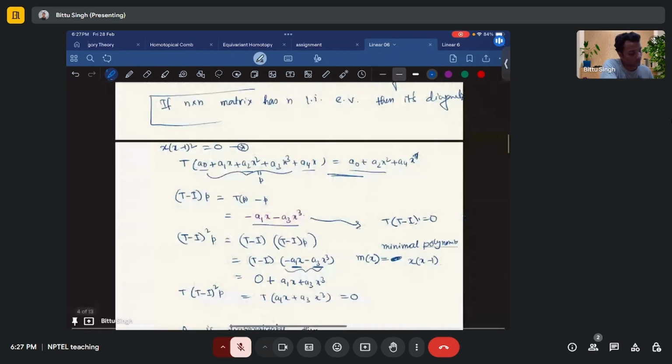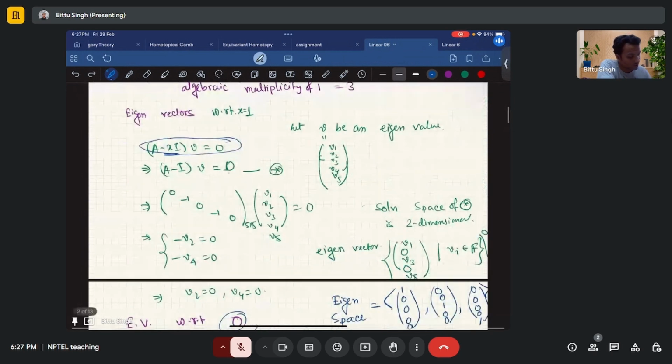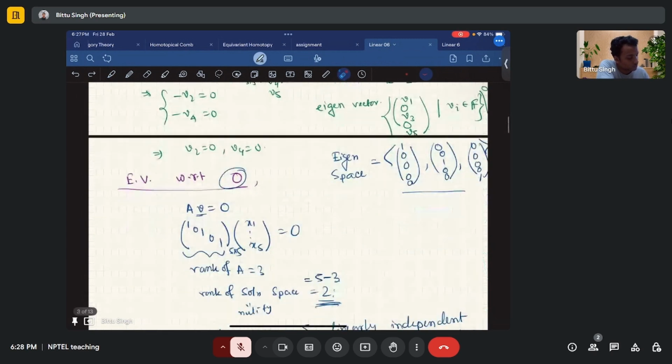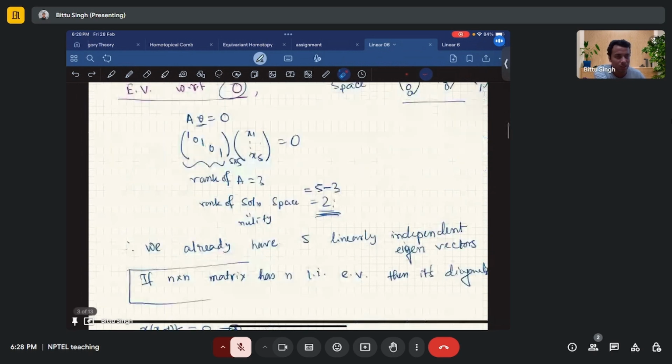So here we have already seen that it is actually diagonalizable, and the only distinct eigenvalues in this case are 1 and 0. Those are the only two distinct eigenvalues. Though they have multiplicities, those are different eigenvalues.